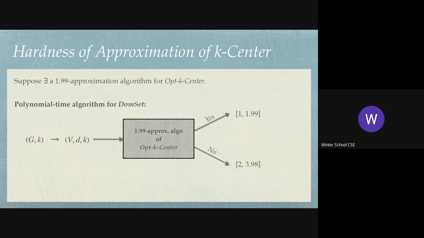All I'm saying is that if your given instance has minimum radius r, then your approximation algorithm can give you something ranging from r to 1.99 r. So that's all I'm saying.